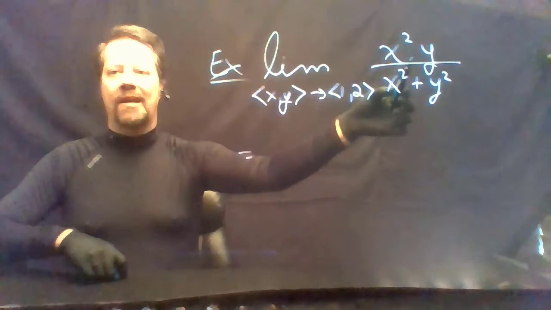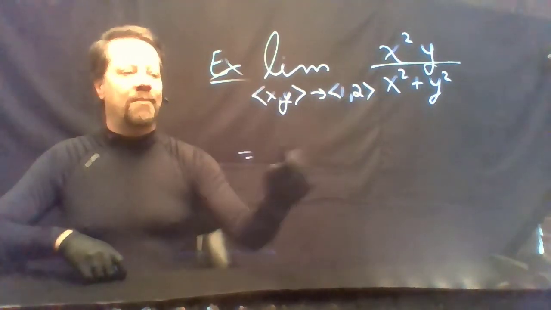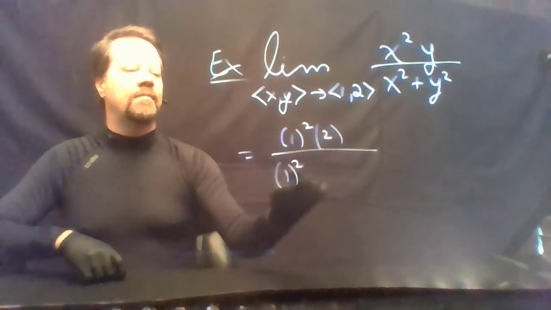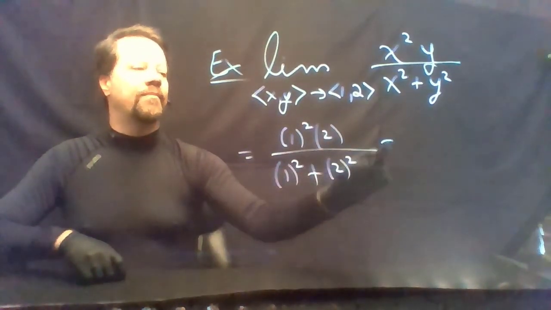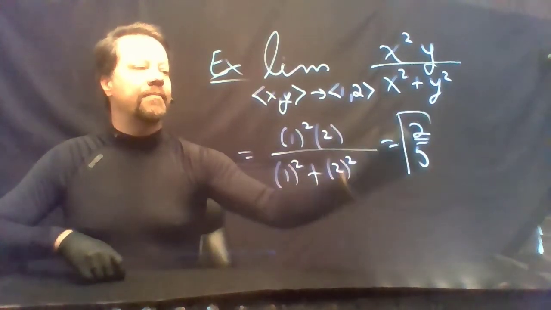The limit of the product is the product of the limits, et cetera. You just end up with substitution. So you're going to get 2/5.